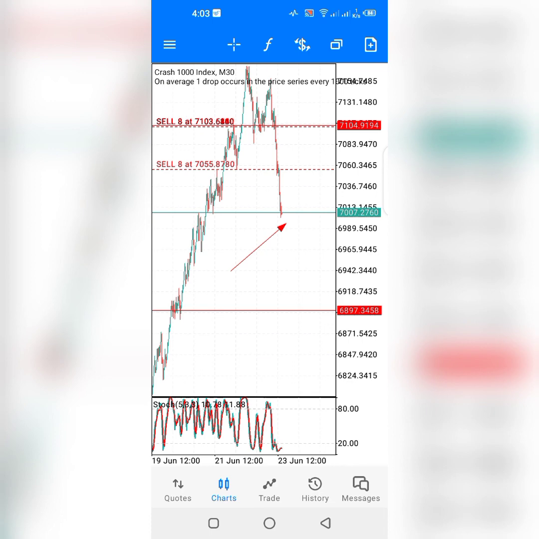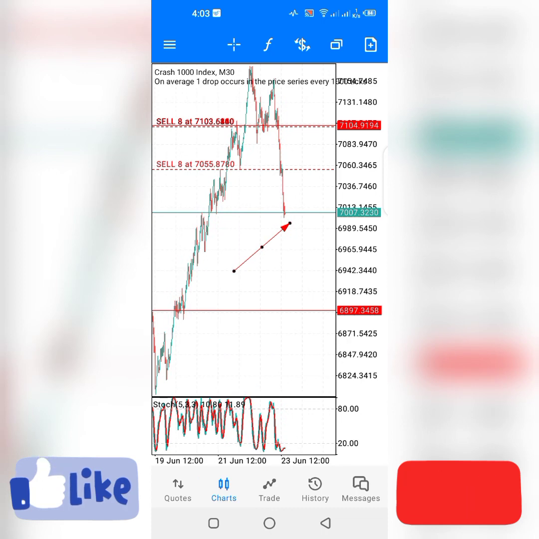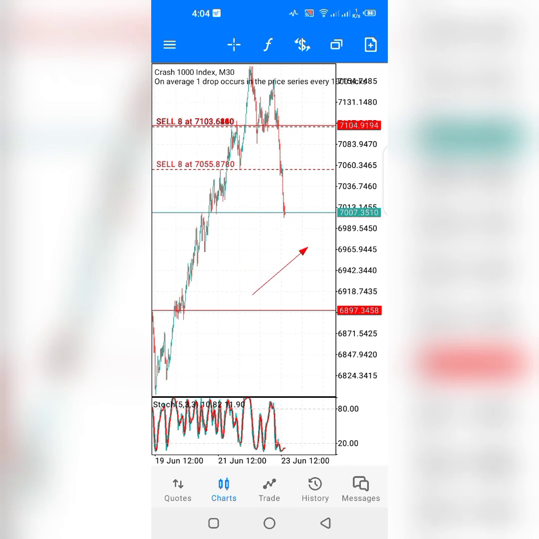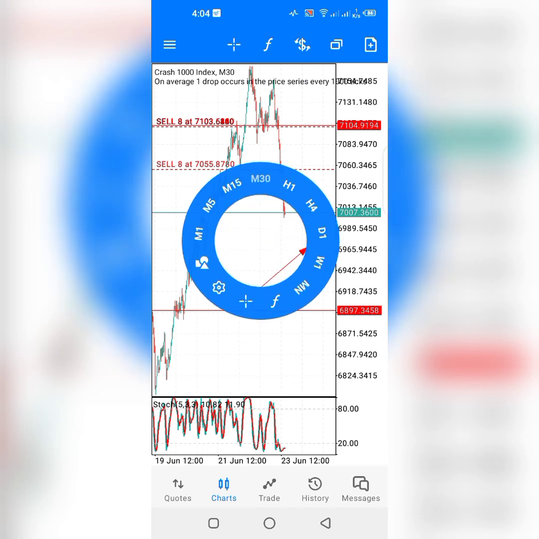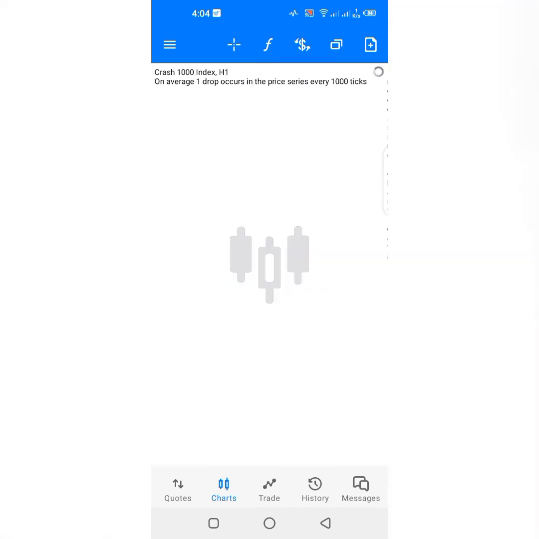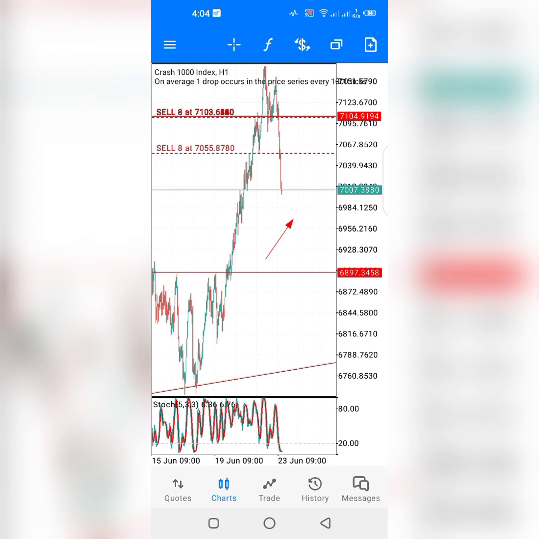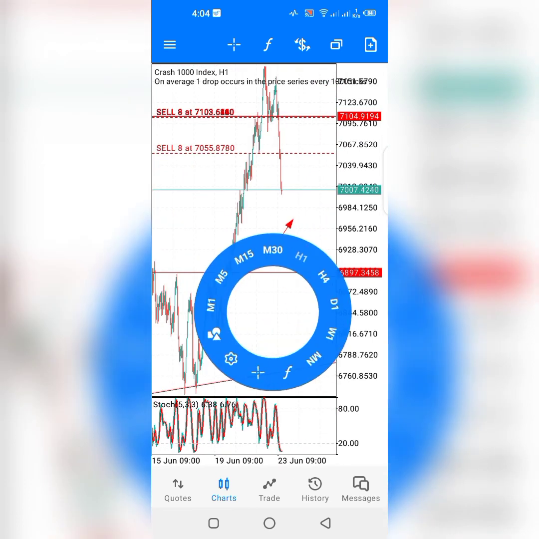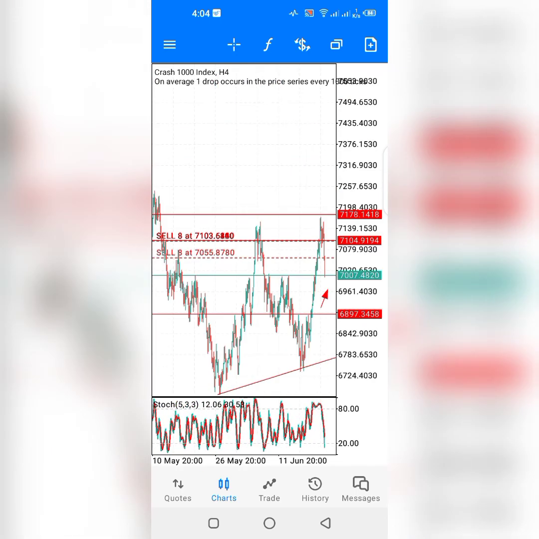So everything about trading means that you just have to be patient with yourself. Okay, so you're going to make huge money, and as you can see, 8 lot size is giving us huge money on this. Let's go to H1 time frame. You see everything is super. But the time frame I like most on this is the H4 time frame. Let me see exactly what's happening on H4 time frame.